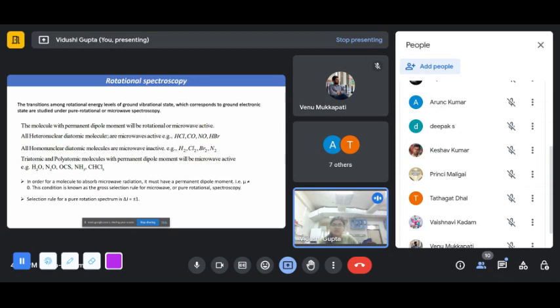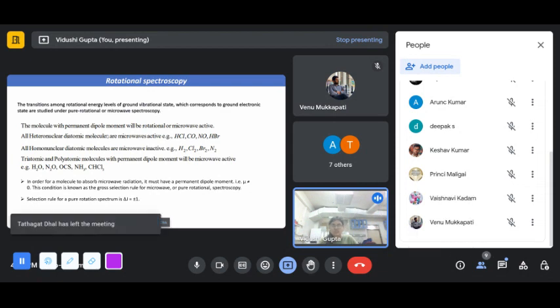The selection rule is that delta J should be plus minus 1. Here also, if a molecule has to absorb microwave radiation, then it should have a permanent dipole moment. All the homonuclear diatomic molecules are inactive as the dipole moment is 0, while the heteronuclear diatomic molecules are microwave active as there is a dipole moment, like HCl, CO, NO, HBr.